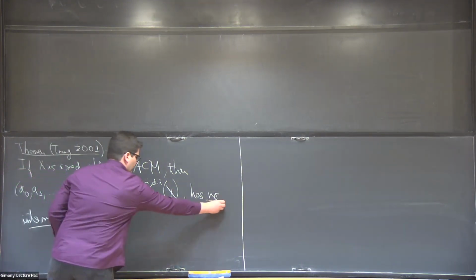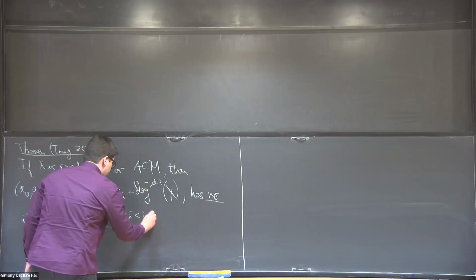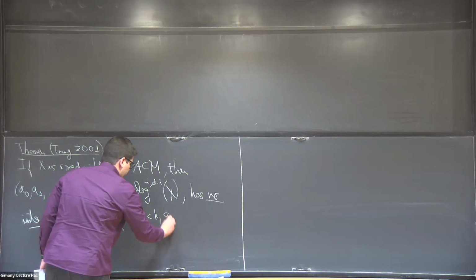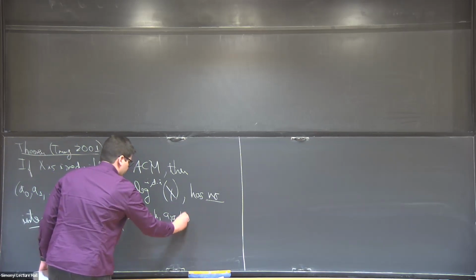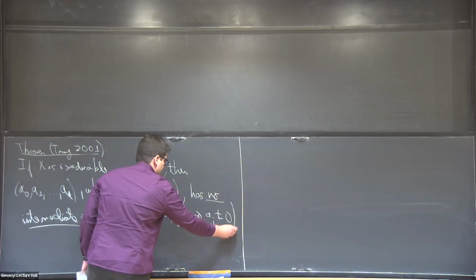This means that if i is smaller than j, is smaller than k, and ai times ak is different from 0, then aj is different from 0.